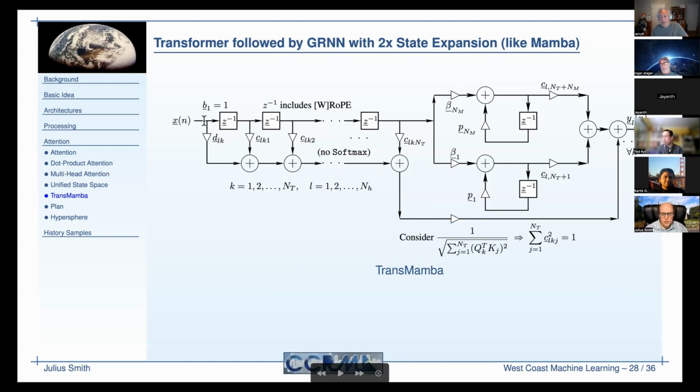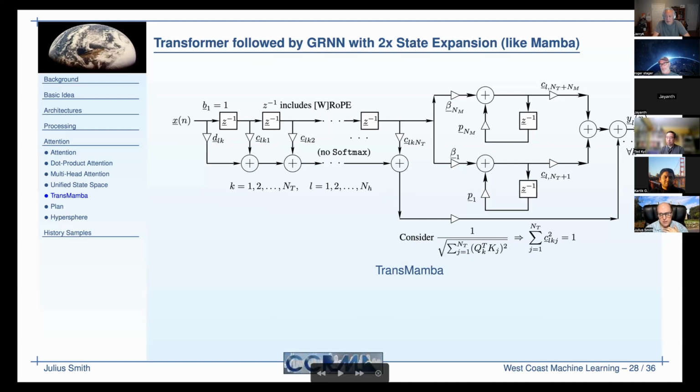So this is more like you've got your input and it goes down this context buffer for your transformer, and then when it ordinarily would just fall off the end, it now goes into your RNN, which in this case is two parallel RNNs. It's basically Mamba with a 2x state expansion, and so you just combine them in the usual way, and so the next layer gets to retrieve memory out of this RNN hidden state, and it's also got the results of the transformer.